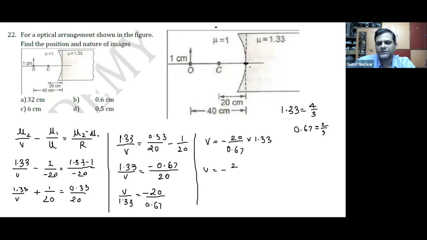तो यहाँ पे आएगा minus of 20 upon 0.67, which can be written as 2/3 here, and 1.33, which can be written as 4/3 here.